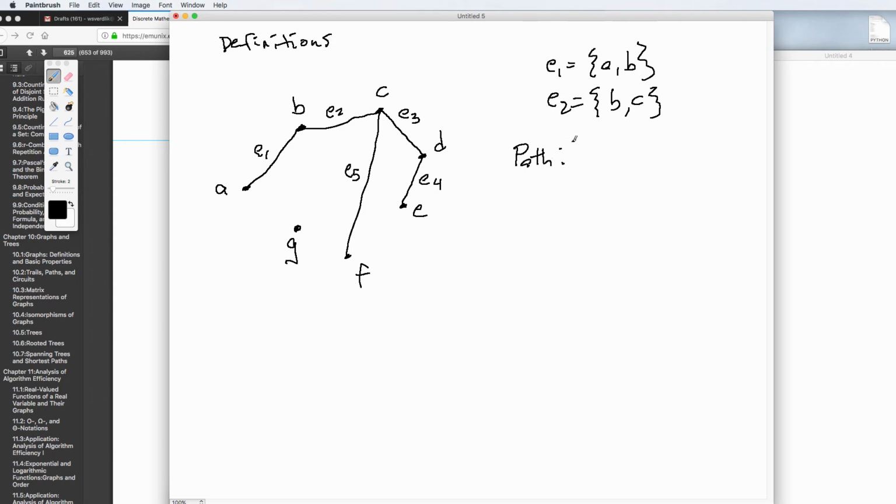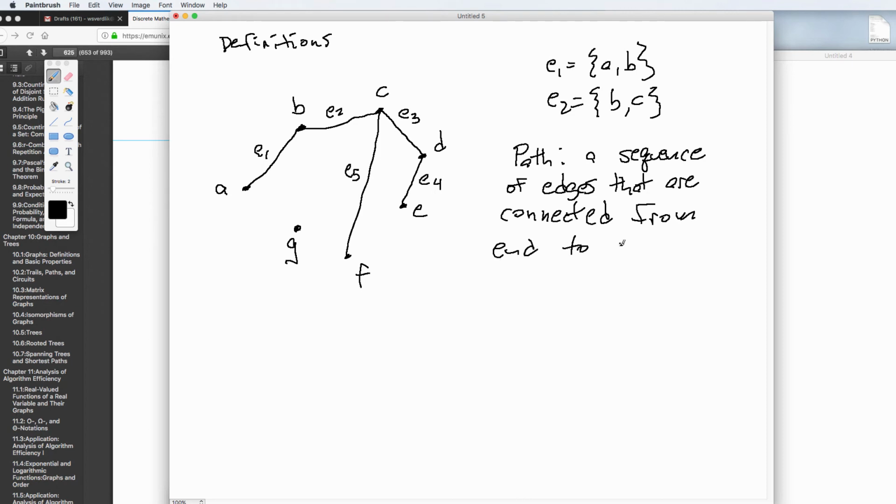A path is a sequence of edges, and I'm going to make this really informal, that are connected from end to end. We don't really need to be that formal here.